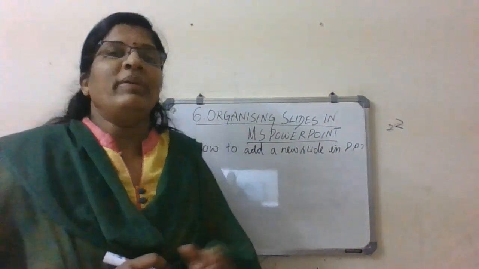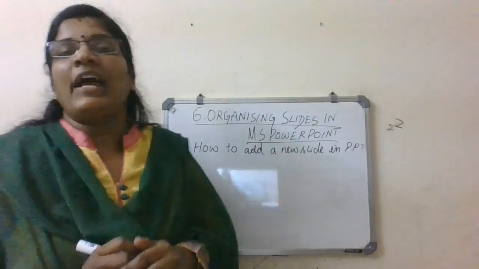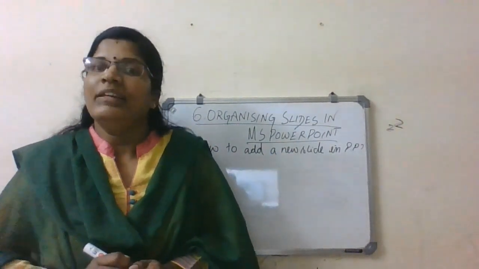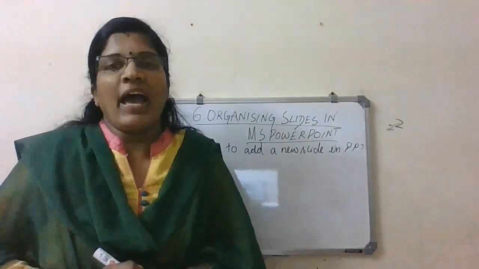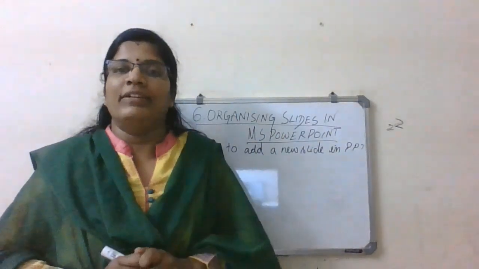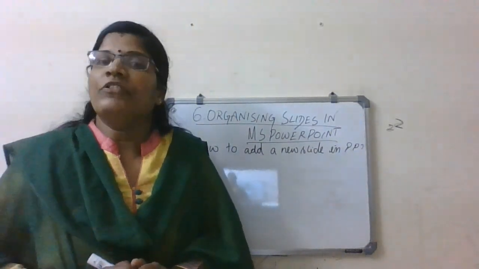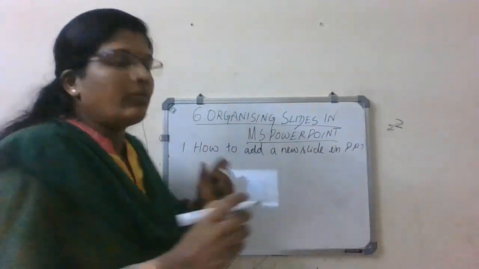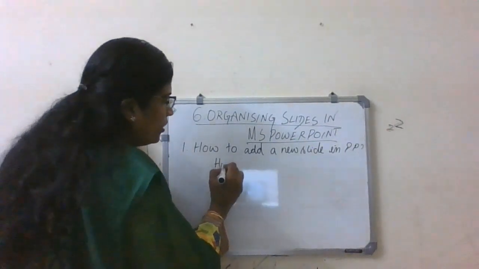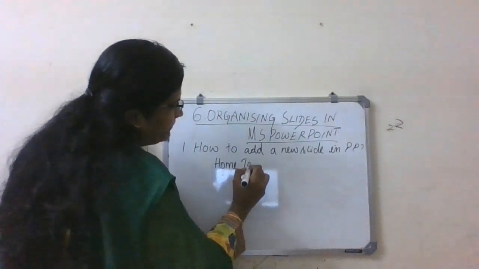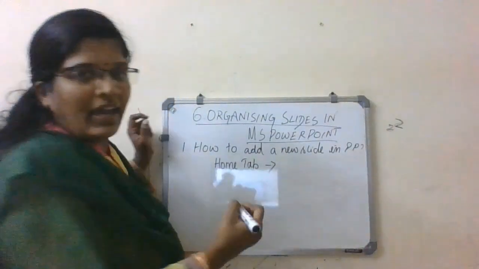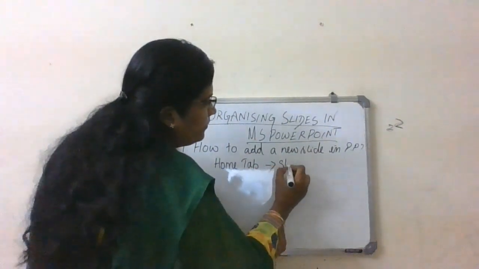Good. Okay, shall we discuss how to add a new slide in PowerPoint? Yes. We can add new slide in 3 methods. So the very first method, what you have to do is go to Home tab and Slides group.